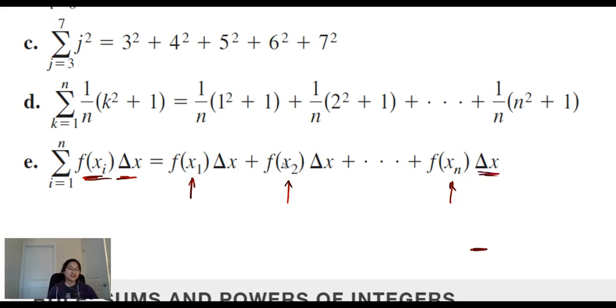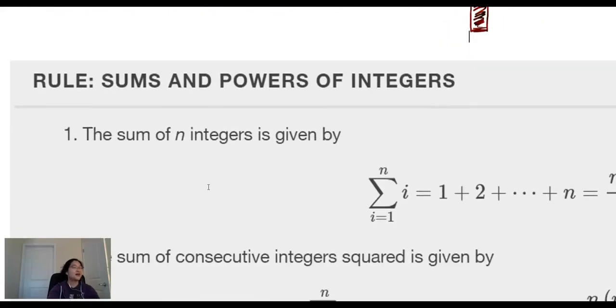So we have that height times that base, and we get an area. I wonder if that will be useful later on. Yes, it will.